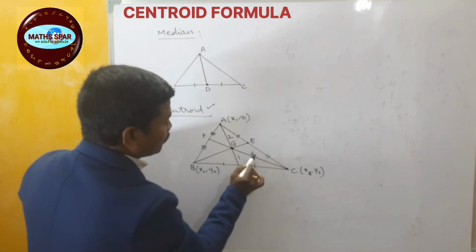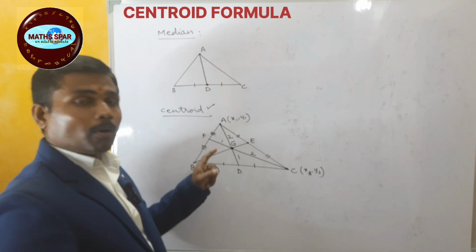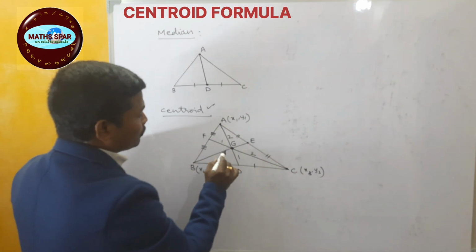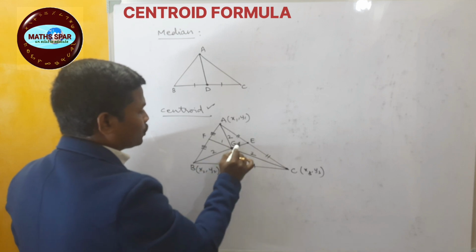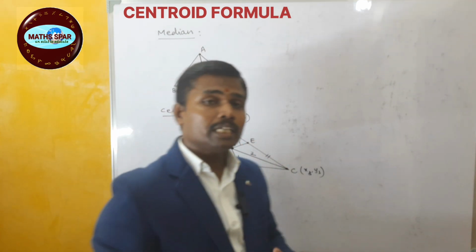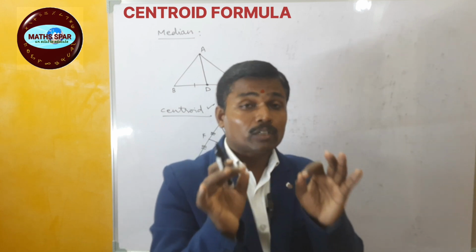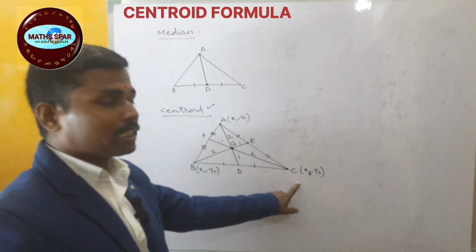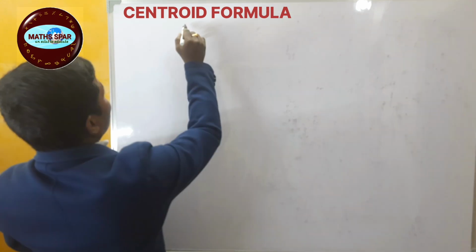So the point of trisection also, we can tell 2:1. Now let us see how we derive the centroid formula when three vertices are given.